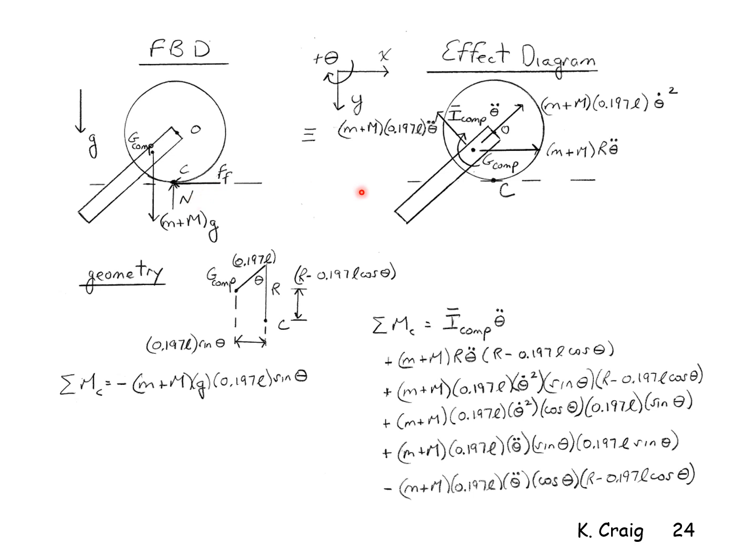On my effect diagram, I only have what? I have the acceleration of the composite center of mass, which equals small m plus capital M times r theta double dot.